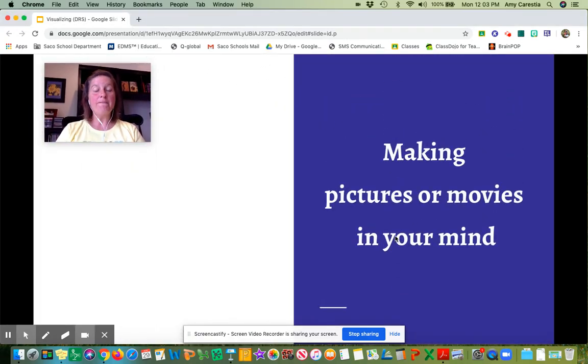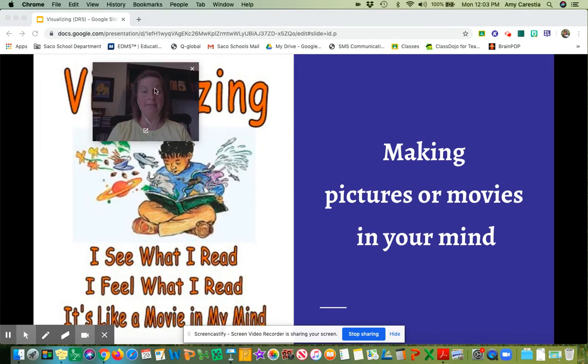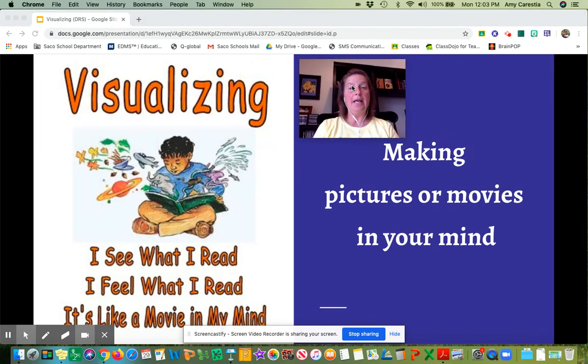So, visualizing is actually making pictures or movies in your mind. This is where the five senses come into play. It's not always all five senses, but this is where you can actually see in your mind what you're reading. You can feel within you what you have read, especially emotions.